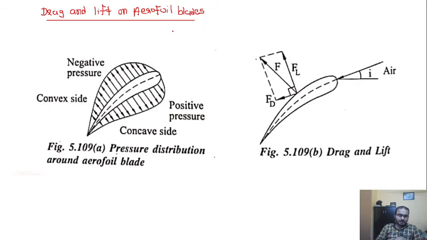Here on the first image, the pressure distribution is shown for an aerofoil blade. On the upper side of this blade, that is the convex portion of the blade, it can be seen that negative pressure is generated because the fluid particles which are present over here try to move away from this blade.